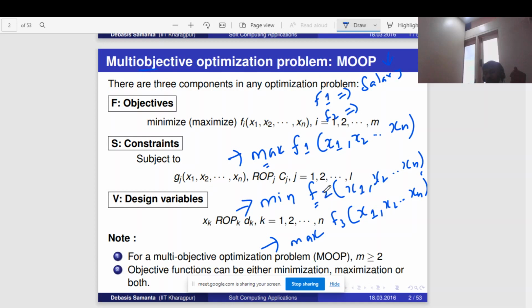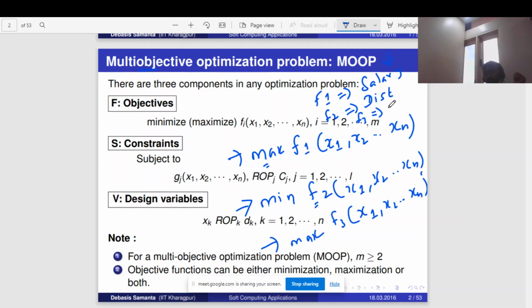Say f2 represents the distance of your office from your home. What do you want this to be? Minimized. So this may be the distance between your home and office. f3 may be the rank of the company, the market value of your company.